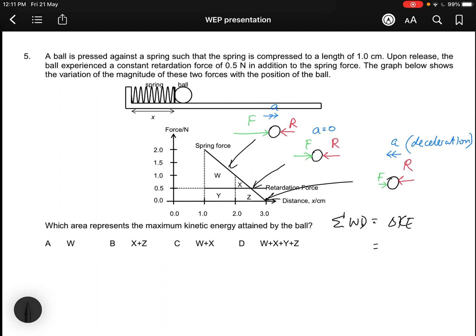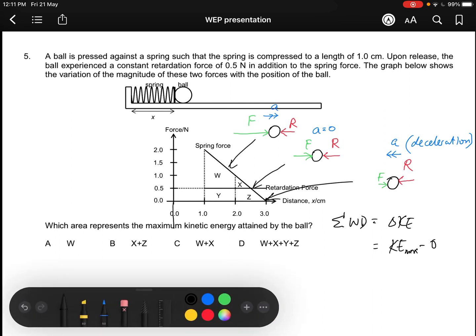Okay, so you start off with 0 KE. So the max KE will be equal to the work done by the spring force plus the work done by the retardation force. If this graph is to show you the forces, not just the magnitude but also the direction, then the graph will actually be like this.